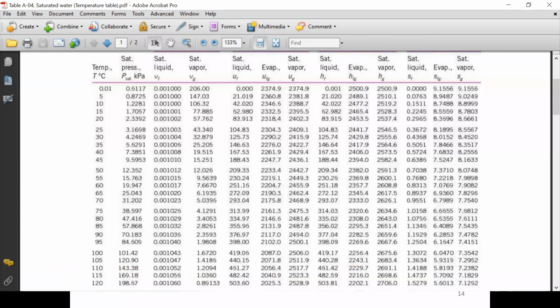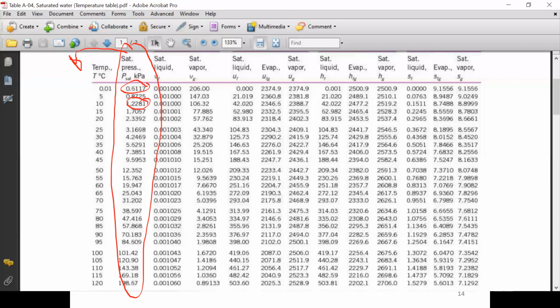That's what we call the saturation temperature table. Now, something similar, they put the other way around. They take pressure and put it in the first column, but as a round figure. They don't take values like 0.6 or 1.22, they just take a round figure.